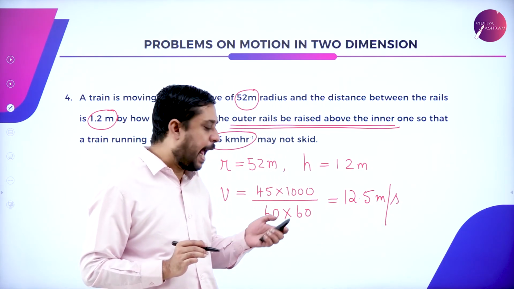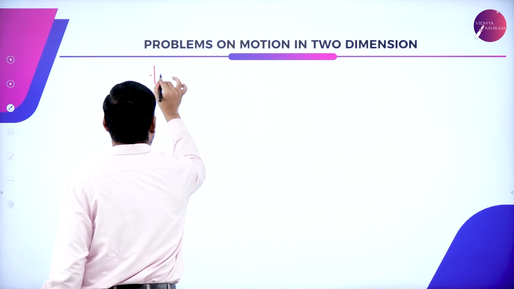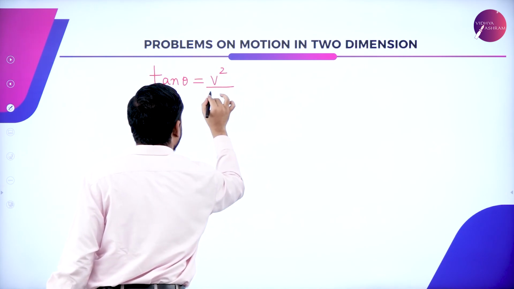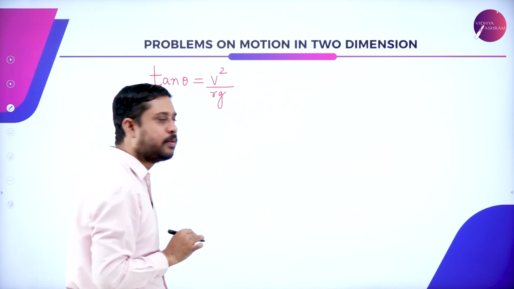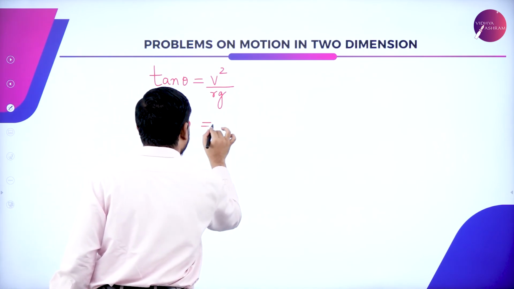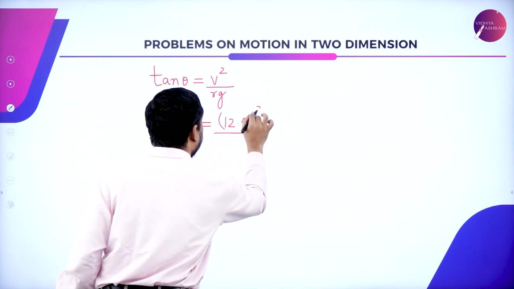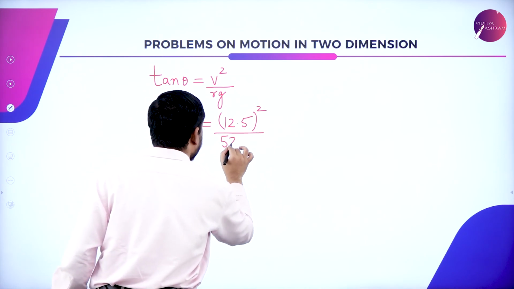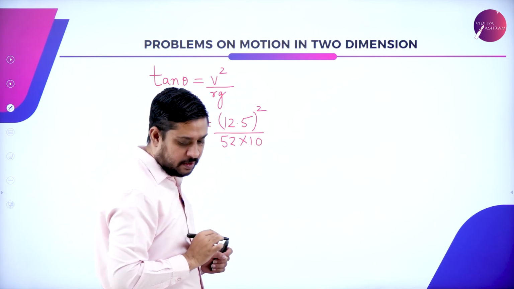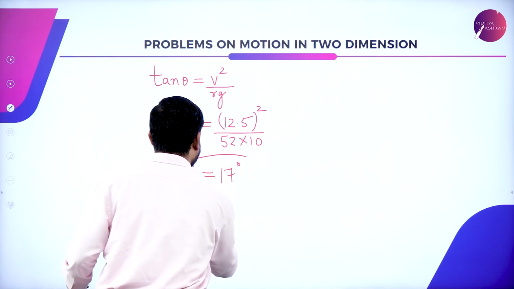First, I will calculate the angle of banking here. So we know tan theta is V square by RG. So tan theta is 12.5 whole square divided by 52 into 10, from which we get theta is nearly 17 degrees.